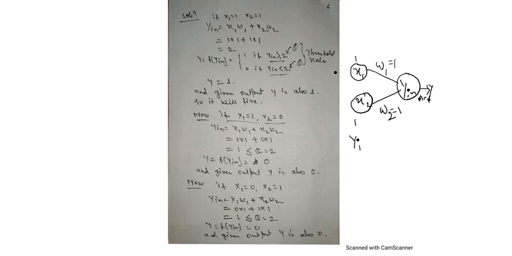Y input is equal to x1 w1 plus x2 w2. What will it be here? 1 into 1 plus 1 into 1. There will be 2, okay? What about the threshold value? The given threshold value is 2.